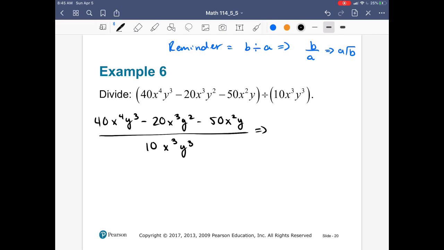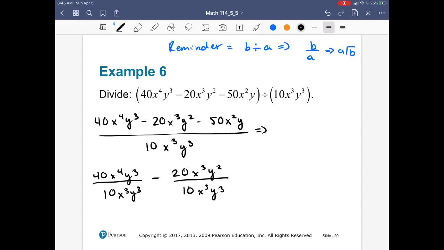This I can rewrite as 40x to the 4th y cubed over 10x cubed y cubed, minus 20x cubed y squared over 10x cubed y cubed, minus 50x squared y over 10x cubed y cubed.